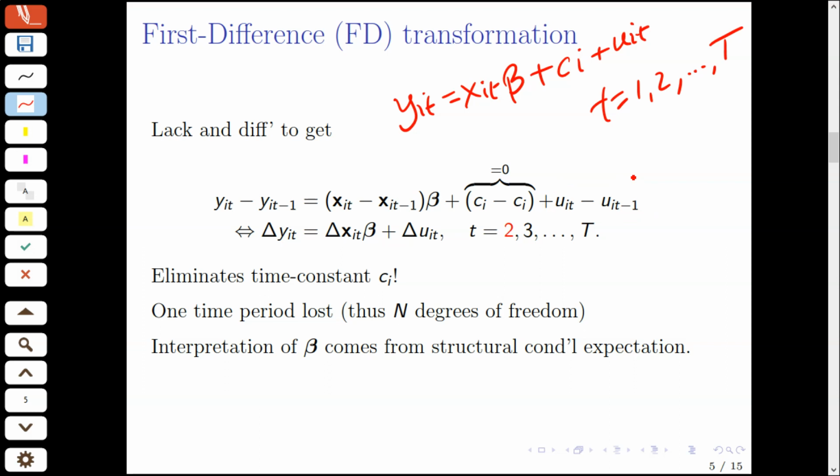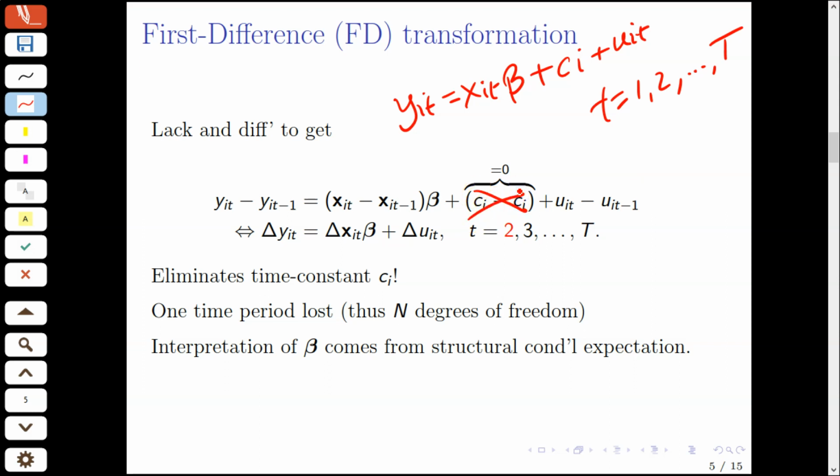Note here that in computing the differences, since the individual effect, c_i, is presumed time invariant, it is the same across all time periods, such that by conducting this differencing, we cancel out the individual effect.